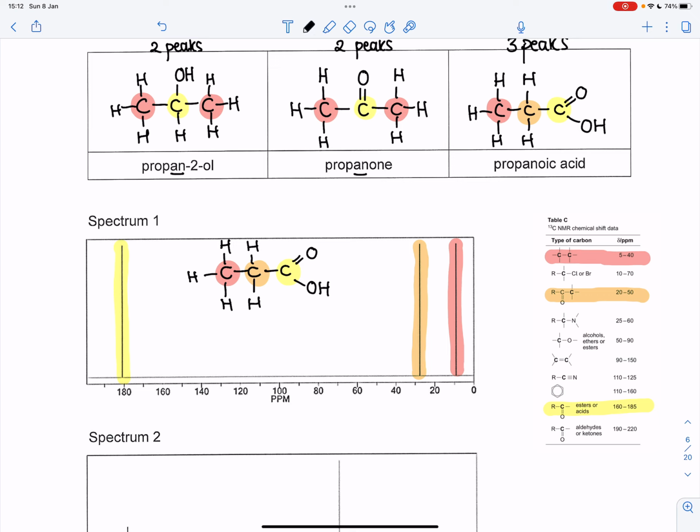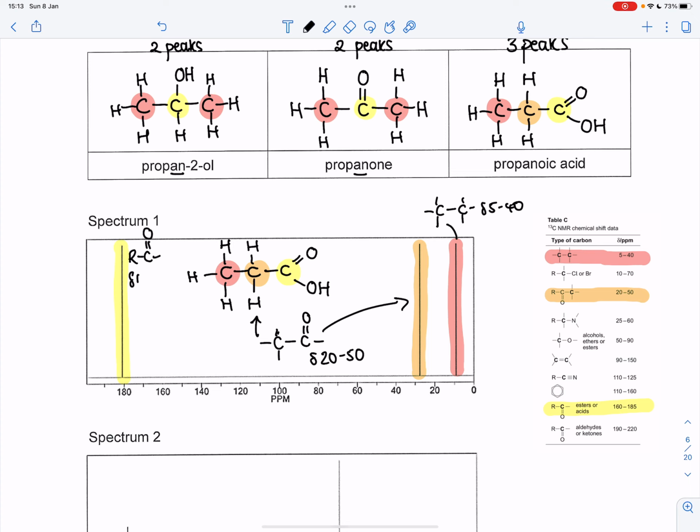We have our red type between delta 5 and 40, then this one here being a C next to a C double bond O, which is between 20 and 50. And then we've got our C double bond O type, our carboxylic acid carbon, which is between 160 and 185. So all data confirms that this is the spectrum of propanoic acid.